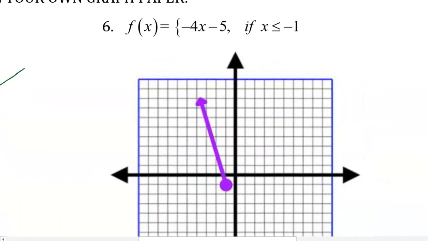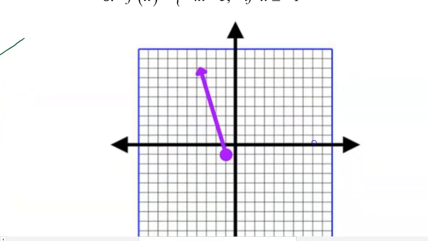For f of x equals negative 4x minus 5, for x less than or equal to negative 1. Again, we look for our y-intercept at negative 5. 1, 2, 3, 4, 5. And then we're going to go up. Because it's negative, that's negative 4 over 1, or 4 over negative 1.